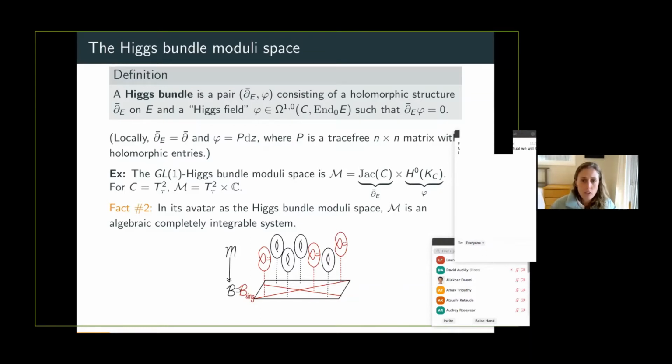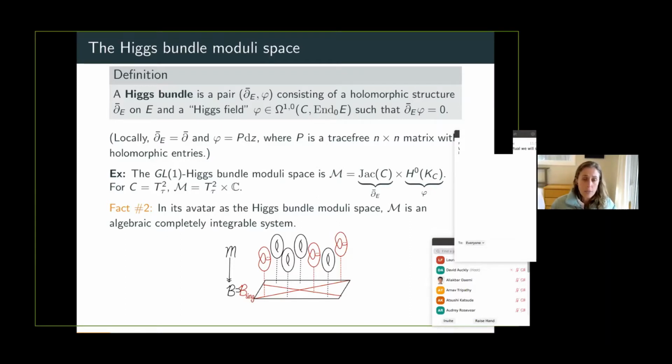But we can do this all locally. On some local patch, we can pick a trivialization such that del bar of E is just del bar. And then the Higgs field is some trace-free n by n matrix that has holomorphic entries, if z is some local coordinate on C.